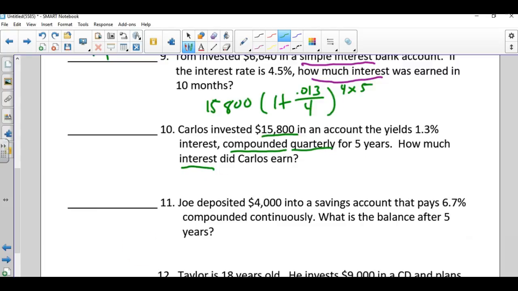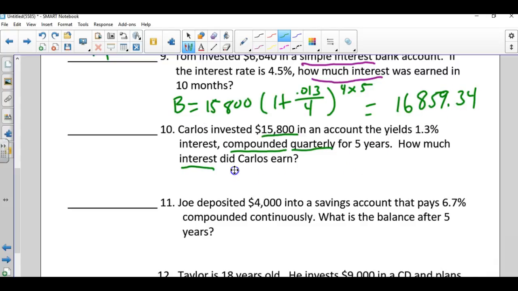So if we do that, remember that this gives you the balance. So when we do this, we get B equals $16,859.34. That's the balance. Oops, sorry about that. 16,859.34. All right, this is the balance.